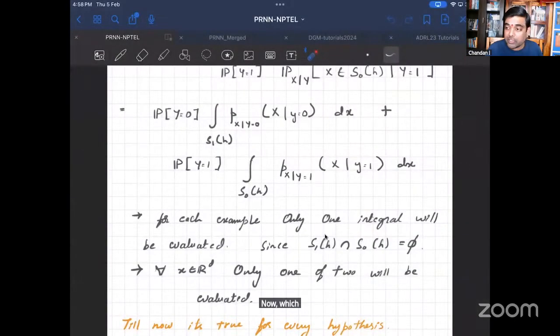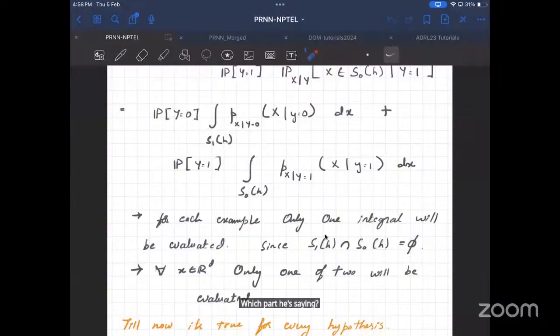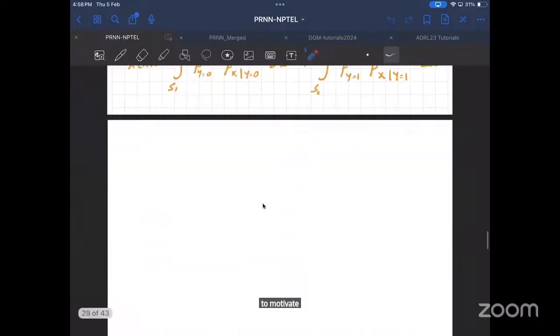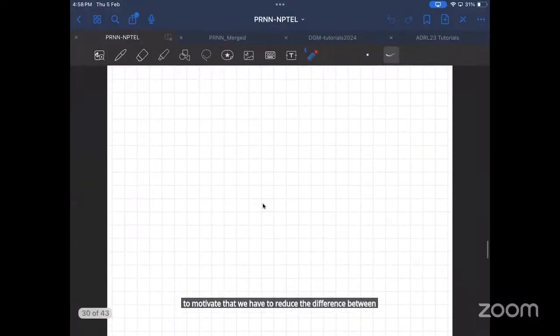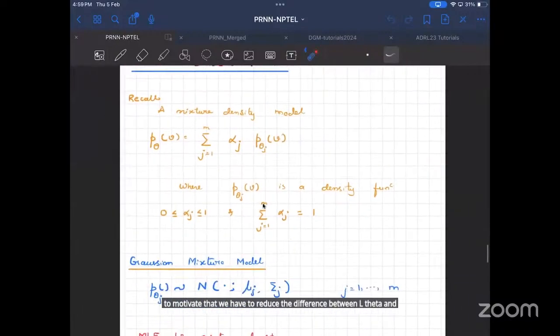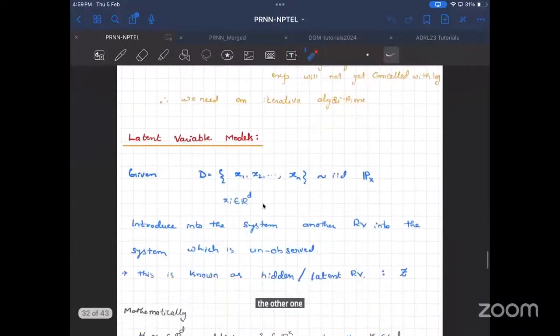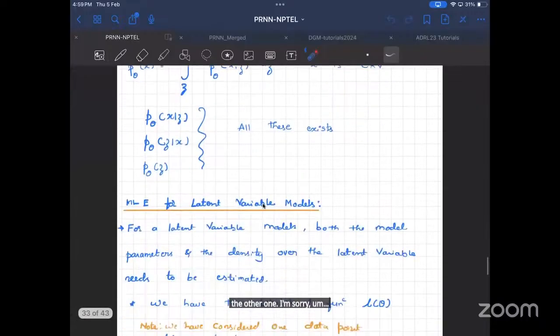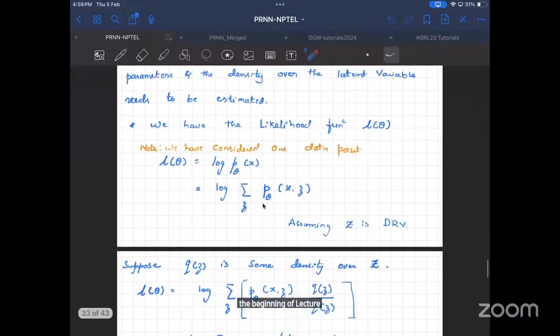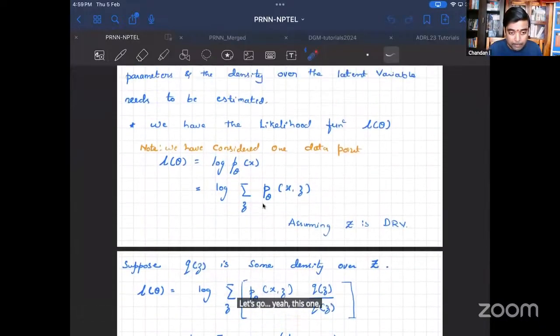For example, lecture 21. In lecture 21, he starts to motivate that we have to reduce the difference between L theta and the other one. The beginning of lecture 21. Yeah, let's go here.